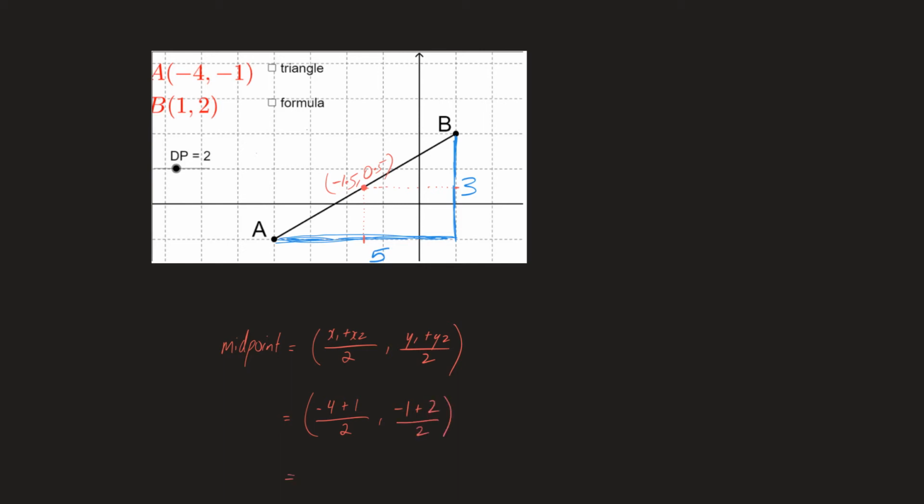So now if we simplify, -4 plus 1 gives me -3, divided by 2, that's -1.5. -1 plus 2 gives me 1, divided by 2 is a half. So therefore, you can utilize this formula to help you identify the midpoint.